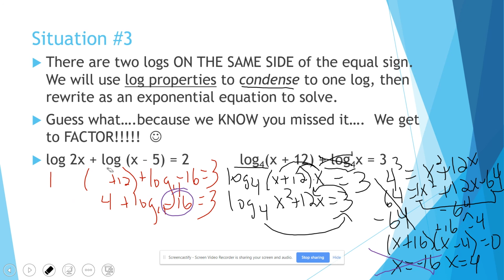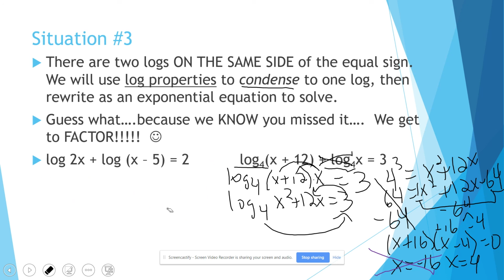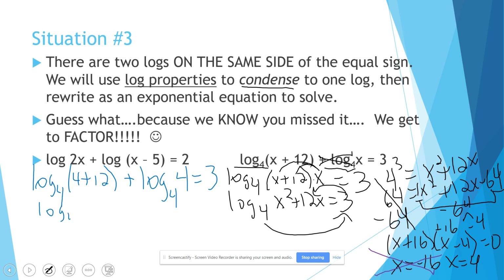So I'm going to now check that positive 4 to make sure that it'll be an okay answer. So we have log base 4 of 4 plus 12 plus log base 4 of 4 is equal to 3. 4 plus 12 is 16.